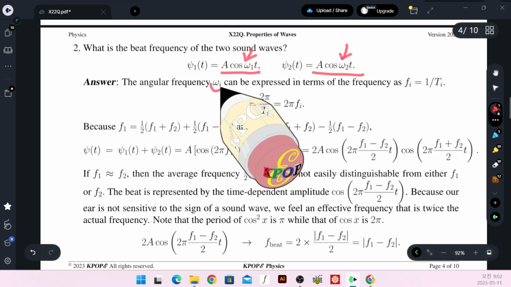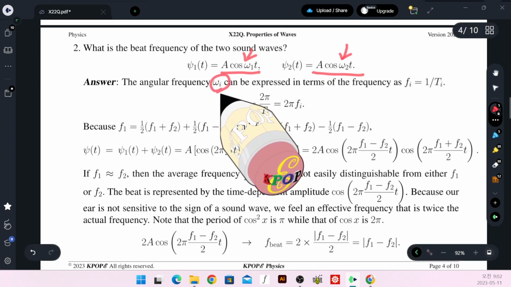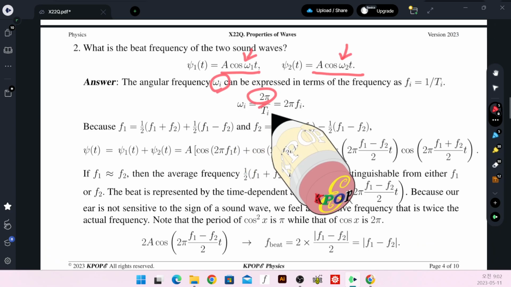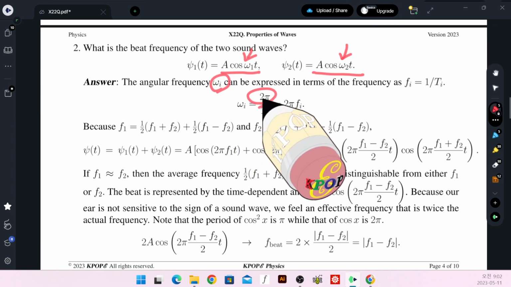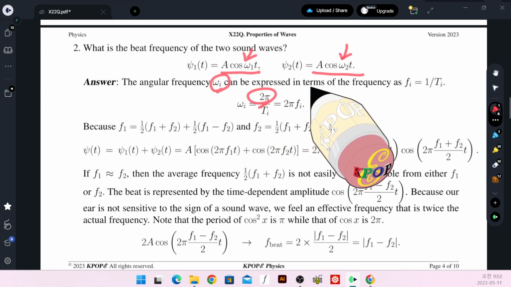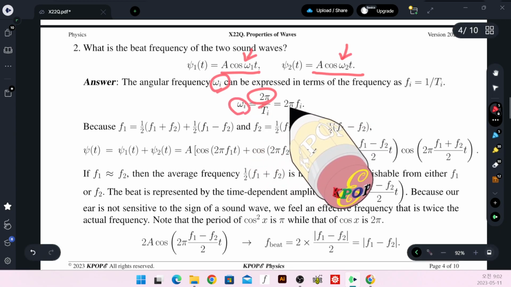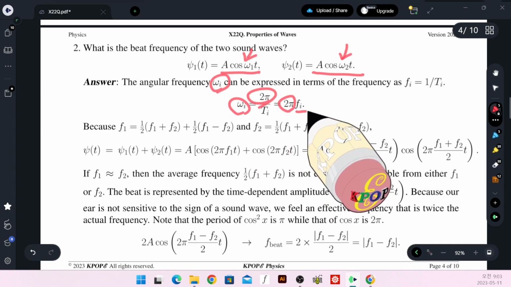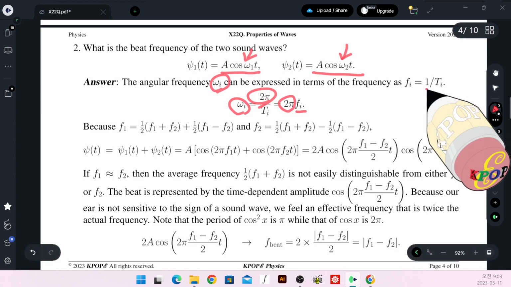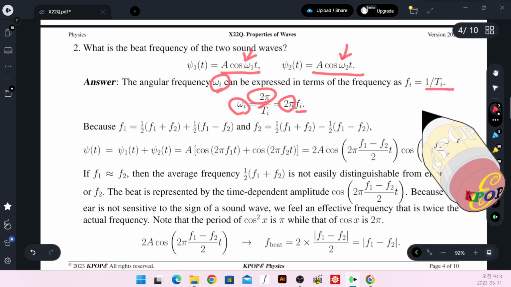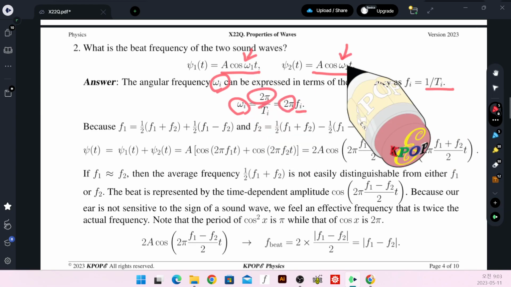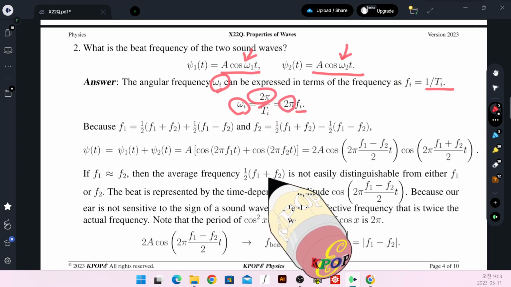Angular frequencies can always be scaled by 2 pi. That is the period of a sinusoidal function. In that case, it's better to find 2 pi multiplied by the frequency, which is just the reciprocal of the period. We assume that these two frequencies are very close to each other.